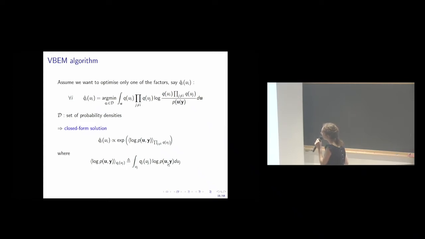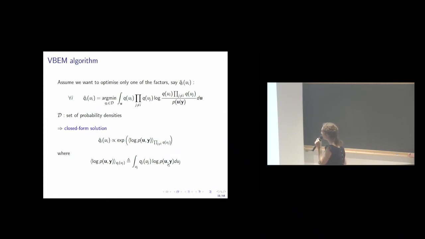In that case, since I have integrated the constraint within the Kullback-Leibler divergence, I just have a constraint that expresses the fact that I want a probability density. Okay.